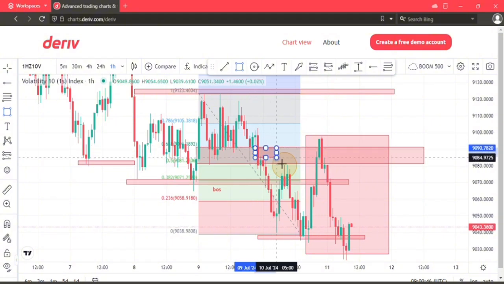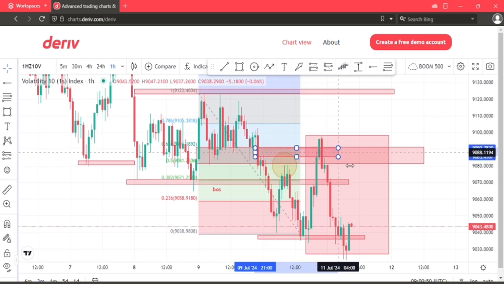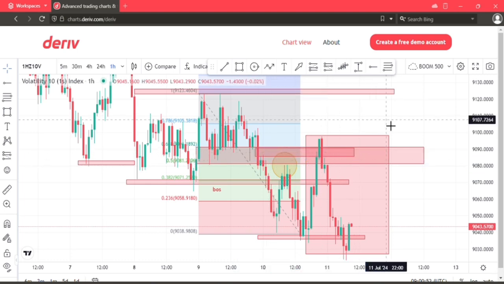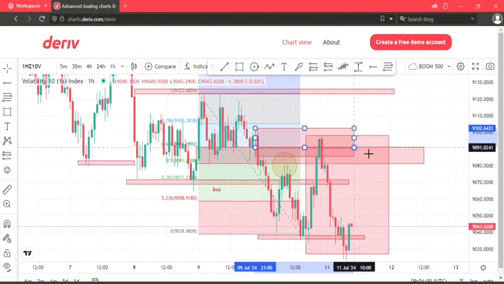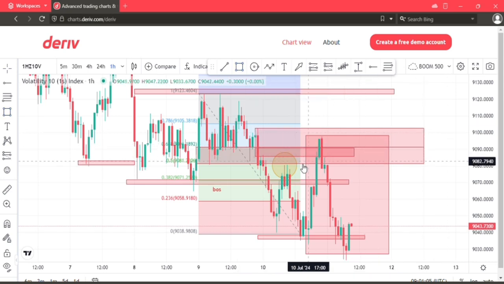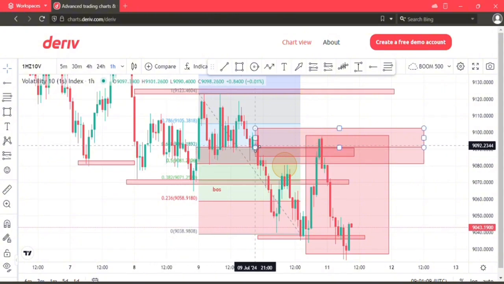And the second confirmation here is you have an order block right here. So as you can see, once the market touched our 0.168 right here, I told you guys to set your stop loss.